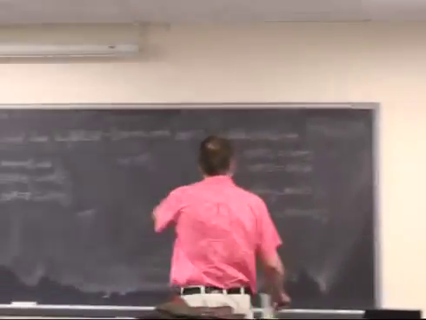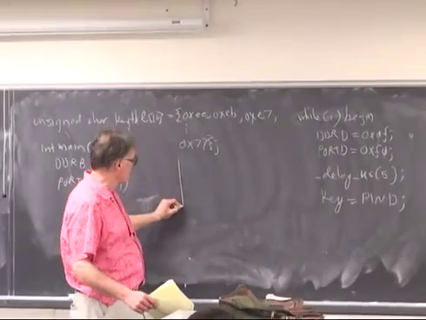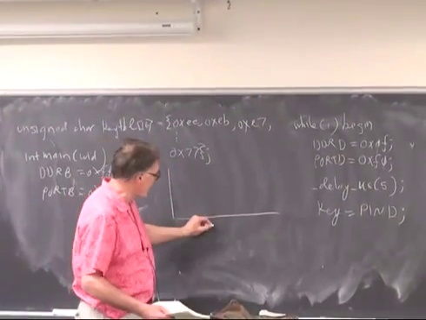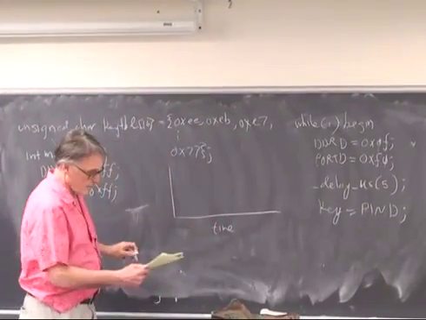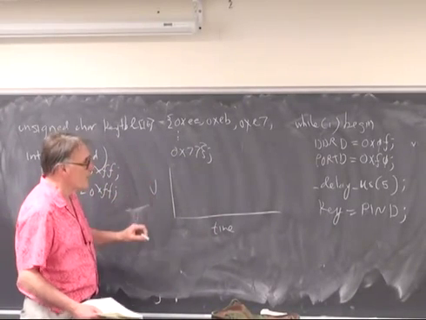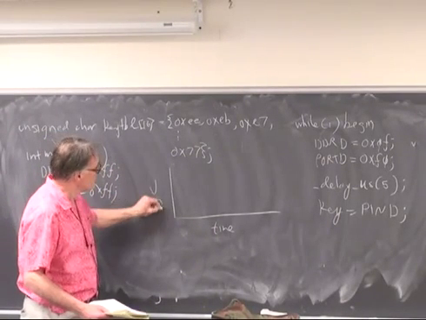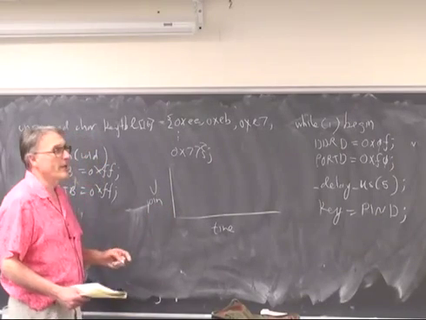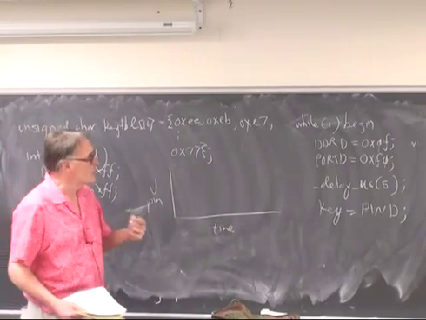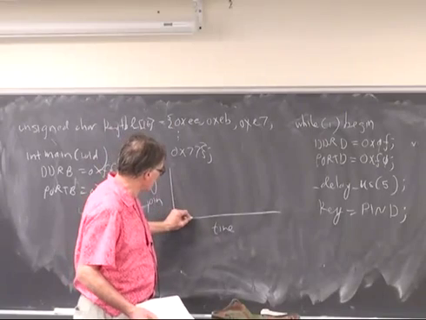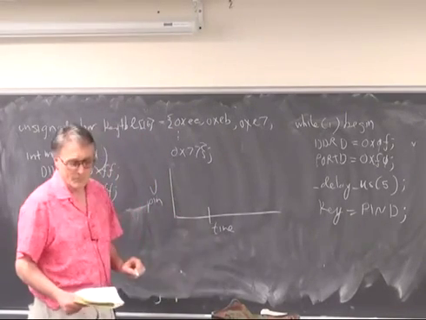Because what's happening in this code is, now let's do this as a function of time and voltage on the pin. We start with it held in the output low state, and of course it's low, it's strongly low.